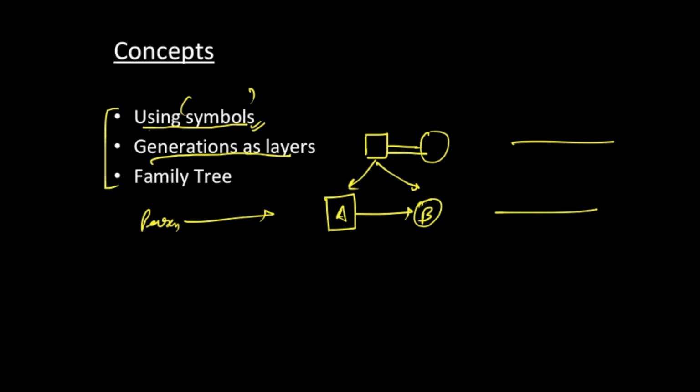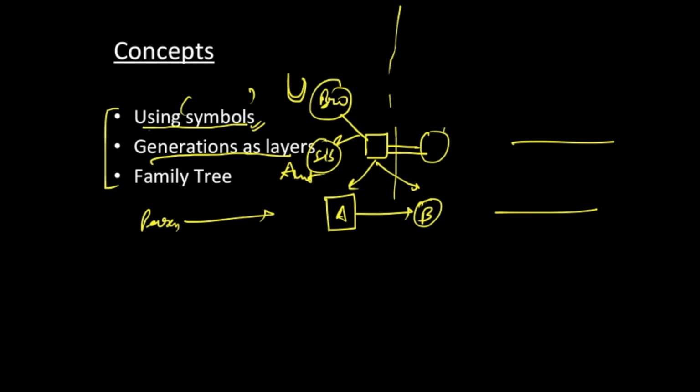So if your father has a brother and a sister, the relationship you share with your father's brother is going to be uncle, right? He is going to be your uncle, and similarly your father's sister is going to be your aunt. Similar is the concept on the maternal side.